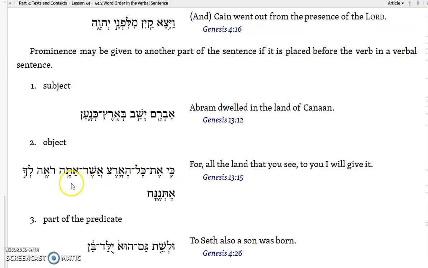All the land which you see, to you I will give it. And it emphasizes that object by placing it first. And also the to you is emphasized a little bit by placing it in front of the verb as well.